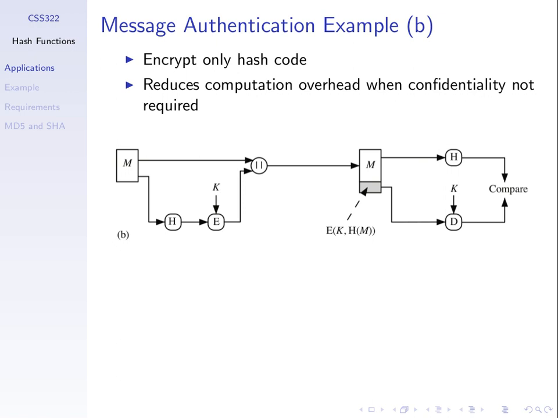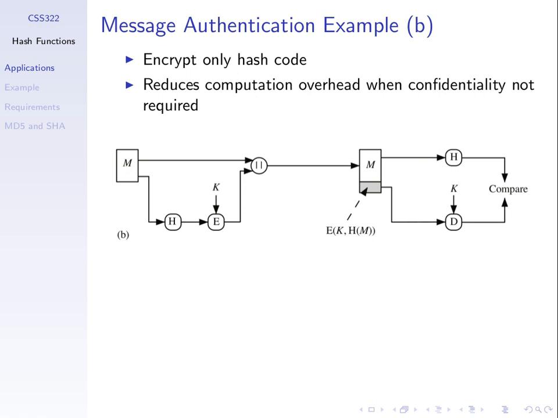What security services do we provide? Can the malicious user read the message? Why can the malicious user read the message? It's not encrypted. Here's our message, our plain text.